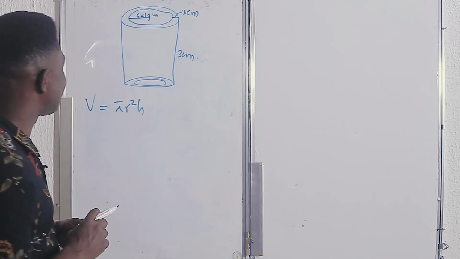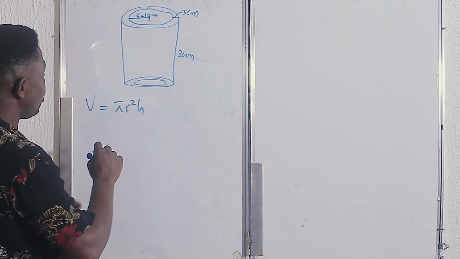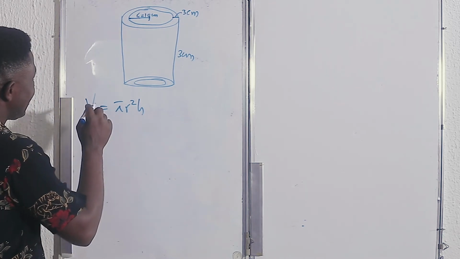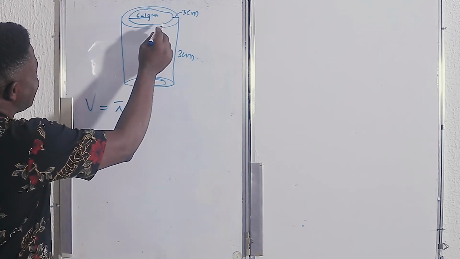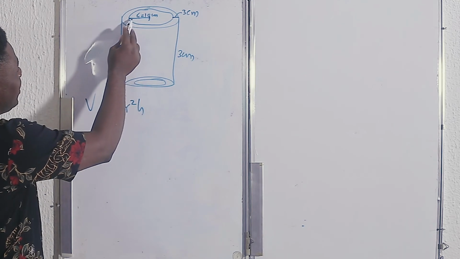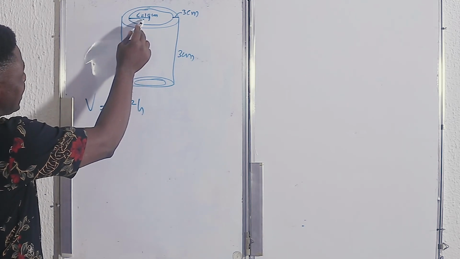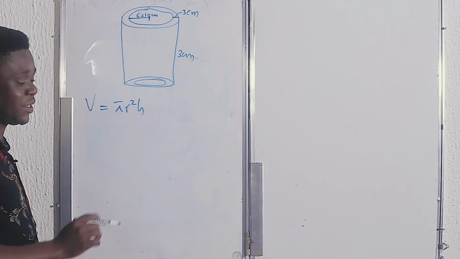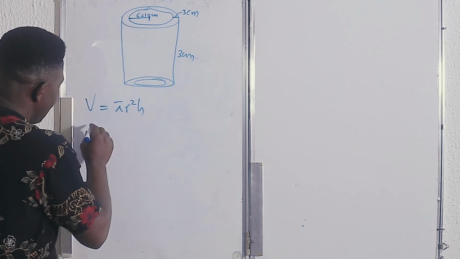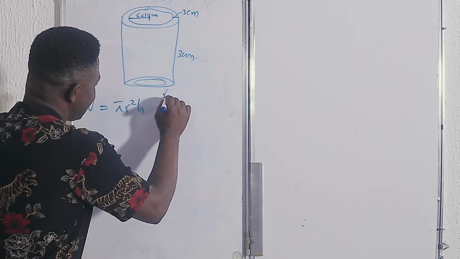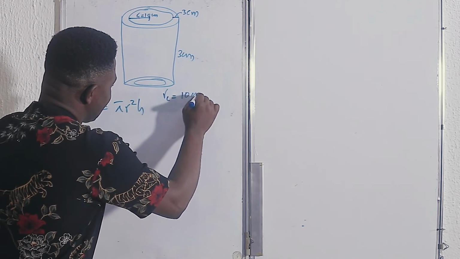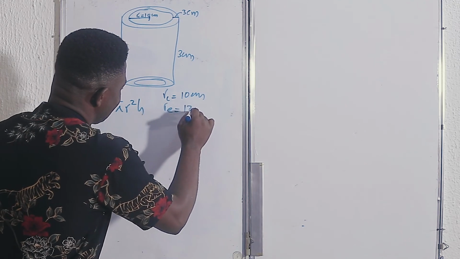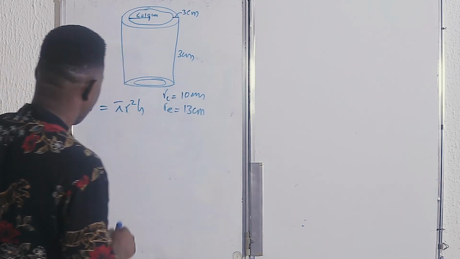The radius of the external cylinder is going to be 10 centimeters, which is the radius of the internal cylinder, plus the thickness of the cylinder, which is 3. So the radius of the internal cylinder is 10 centimeters. The radius of the external cylinder is 13 centimeters.